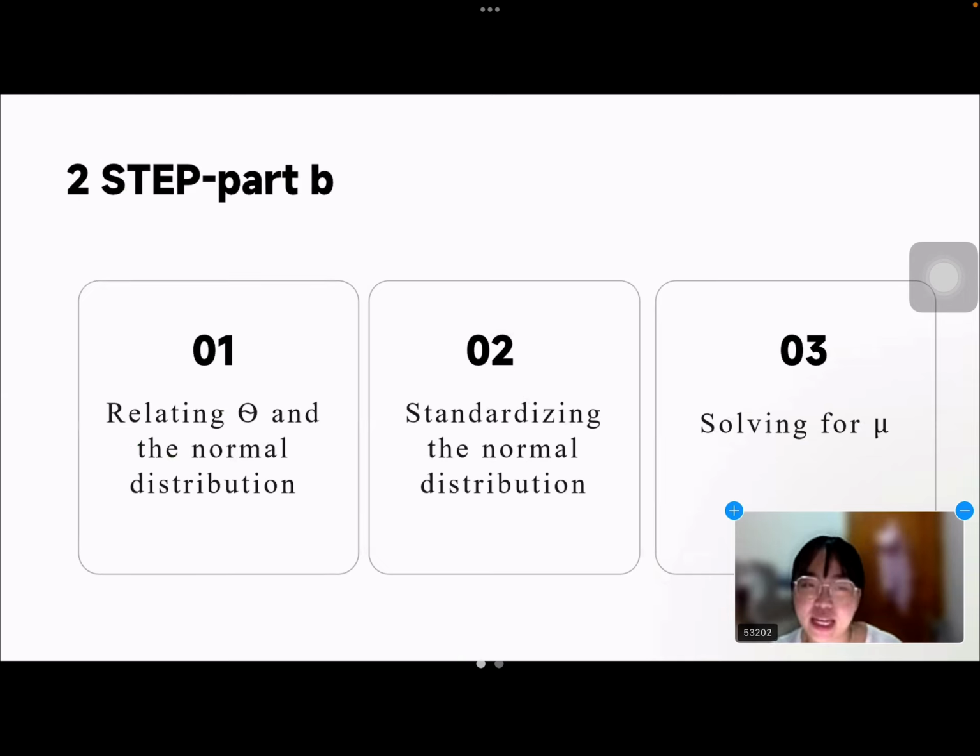What we need to do in part B is to relate theta and normal distribution, transform the normal distribution to the standard normal distribution, and then solve for mu.